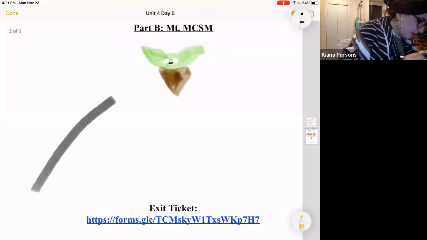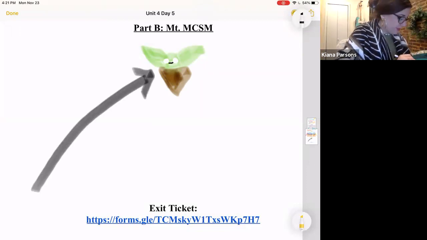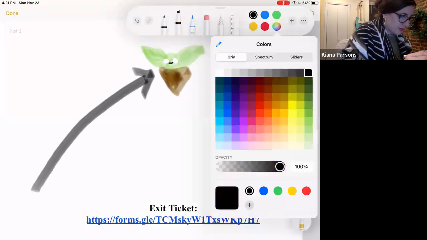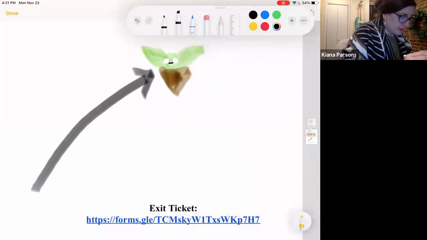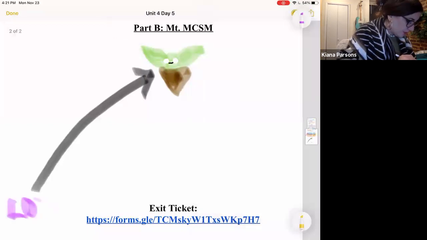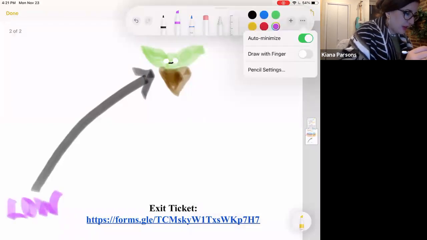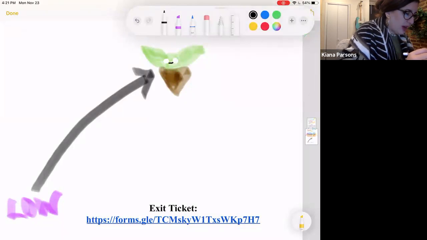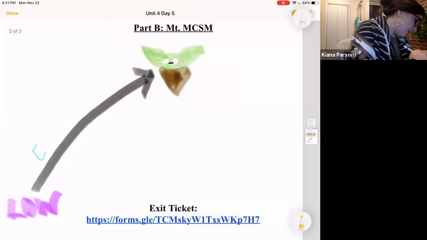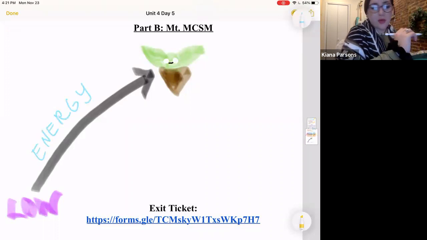So to get up that hill from down here, low, that required energy. To walk up the hill, that requires energy.